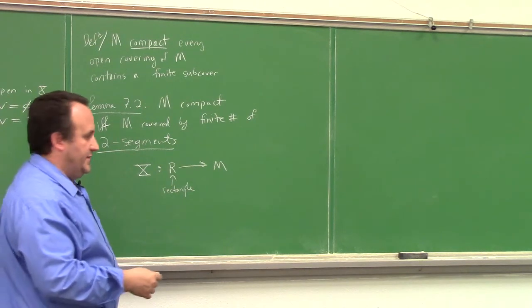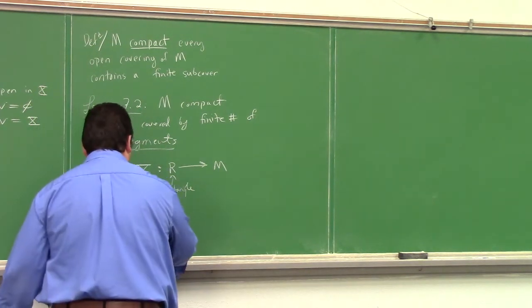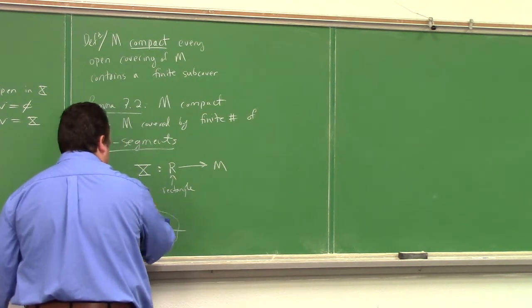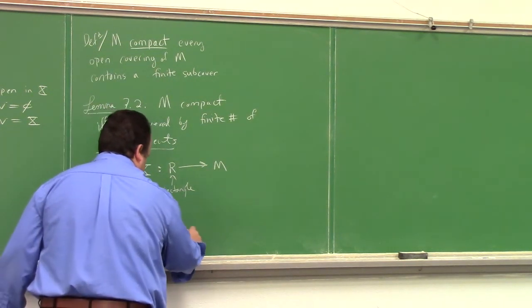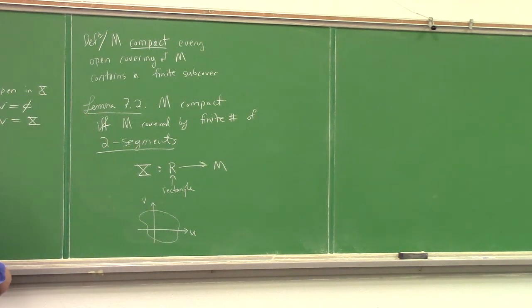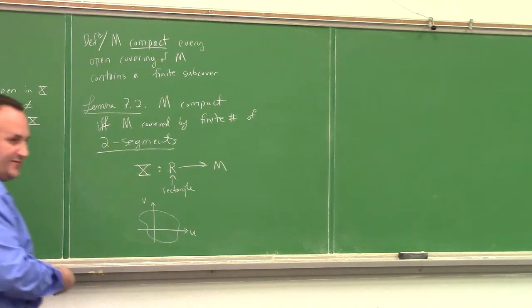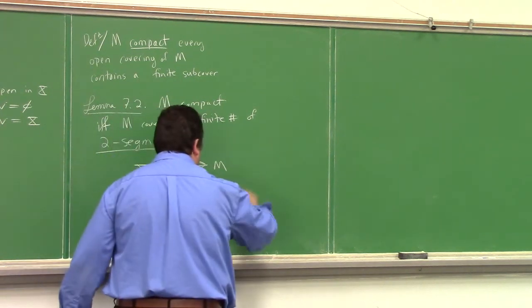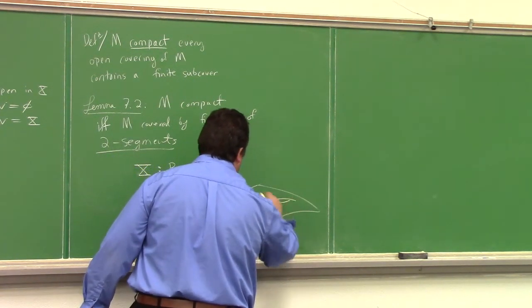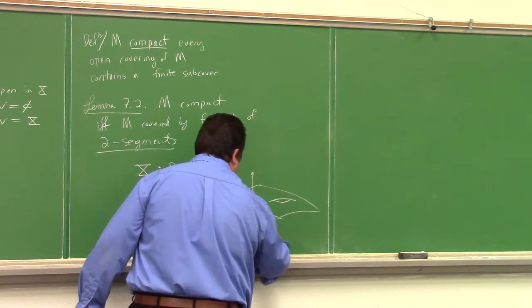Maybe your parameter space, I don't know what the exact domain of the u and v looks like, maybe it looks like a palette from an artist or something. And then here's your surface. Maybe it's got some holes in it.